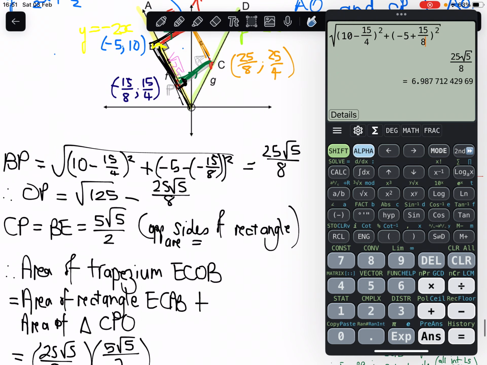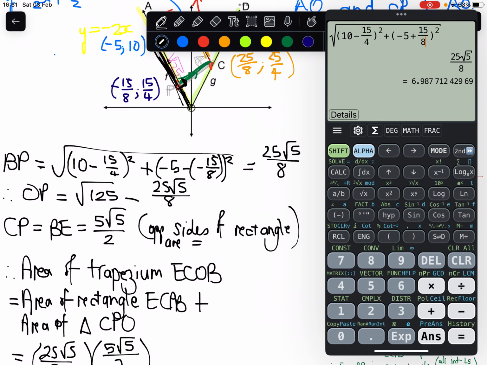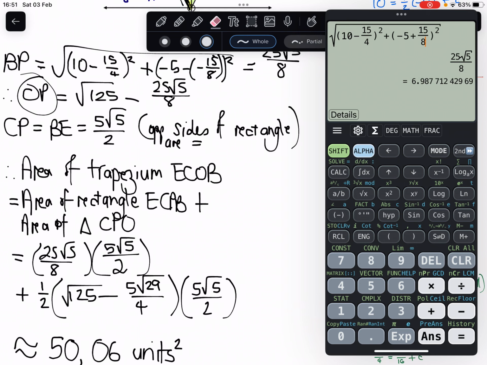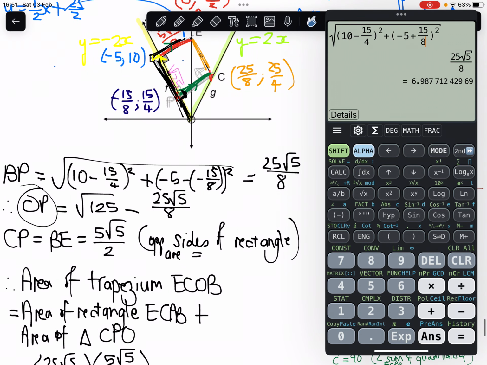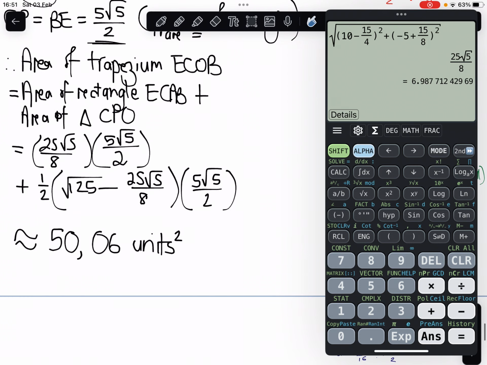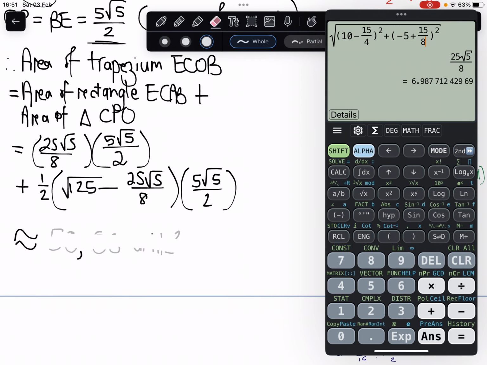And then we're going to say half base, okay, which is this guy, OP. Okay, so let's write the correct value for that too. 25 root 5 over 8 times the perpendicular height, which is CP, which is that, okay, which is correct. I'm happy with that. And now let's see what we get.